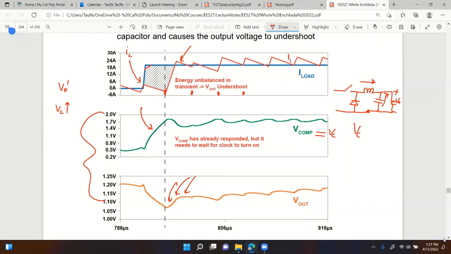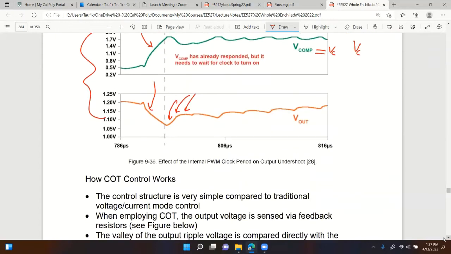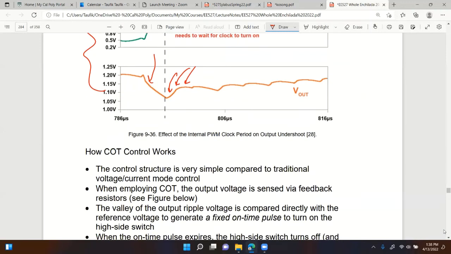And by forcing the capacitor to discharge, look at the output voltage. It goes down. Make sense? All right. So those are the two disadvantages of current mode control in terms of transient time. That makes it slower compared to this next one.